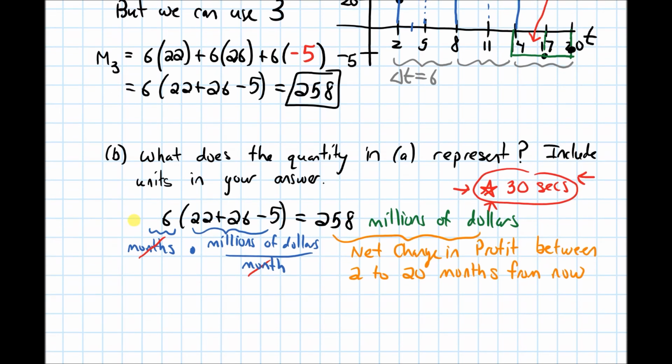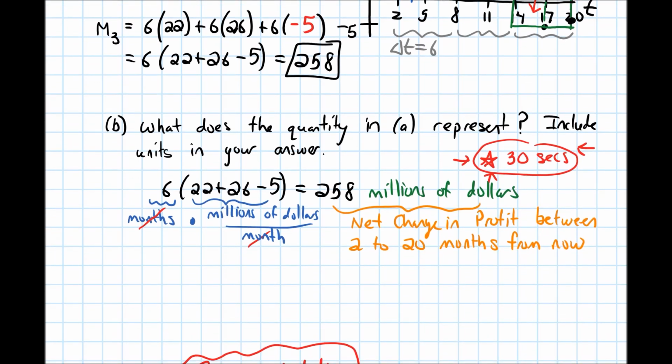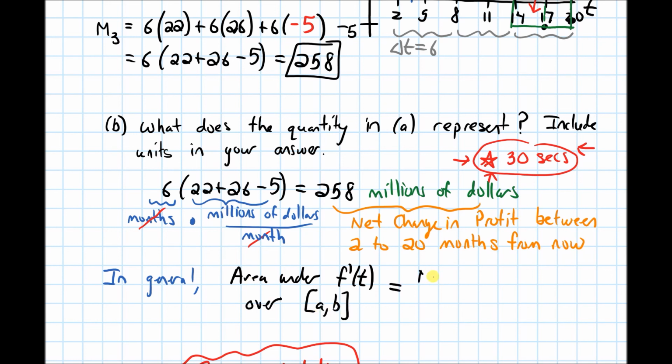Okay, so there's a general idea here about areas under a graph. And here's the idea. In general, the area under a derivative graph, like this is the derivative of profit, over some interval, I'm going to call it a to b, represents a net change in that function.